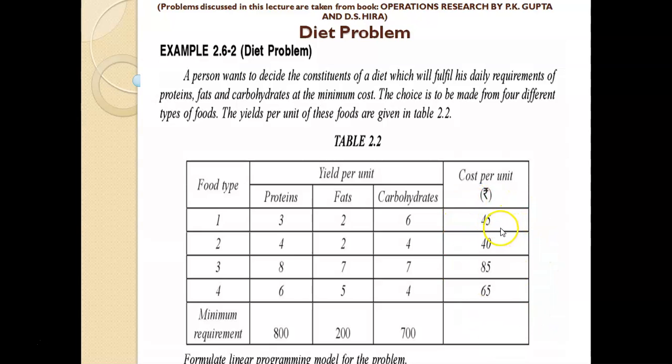So the objective here is minimization of the cost, okay. At the same time, the person has to get all the necessary nutrients, okay. So coming to the solution of this problem now.